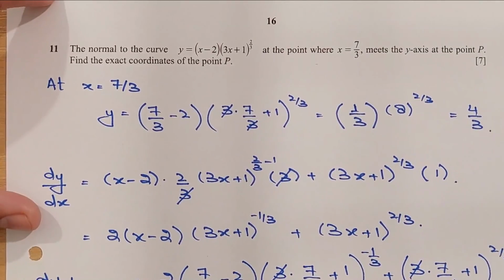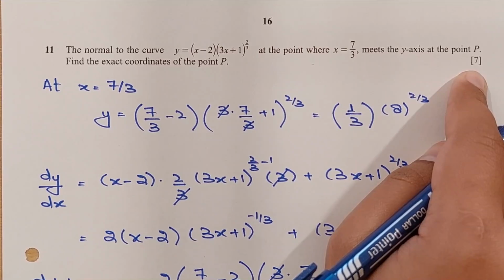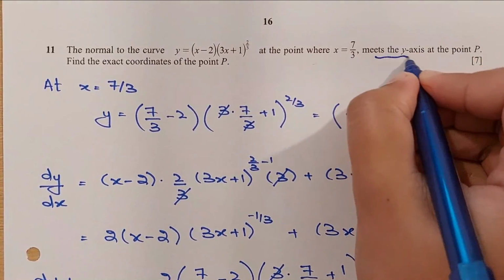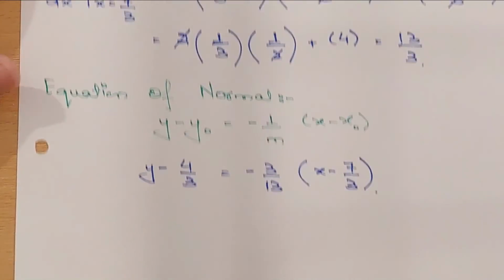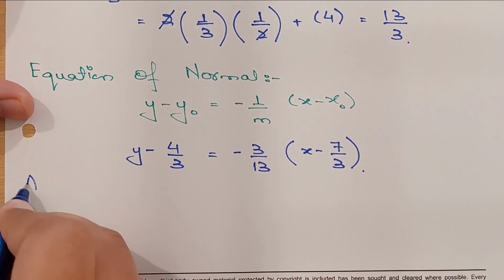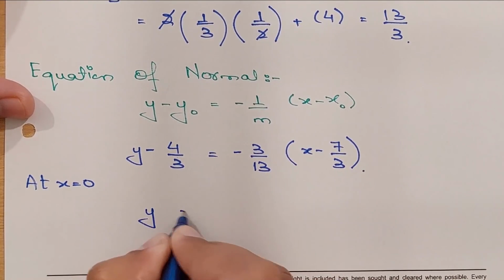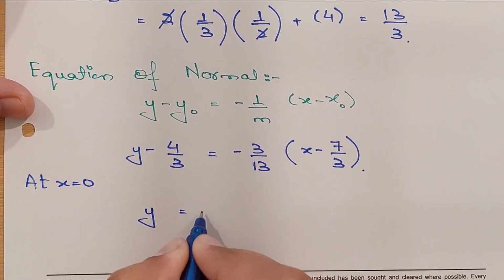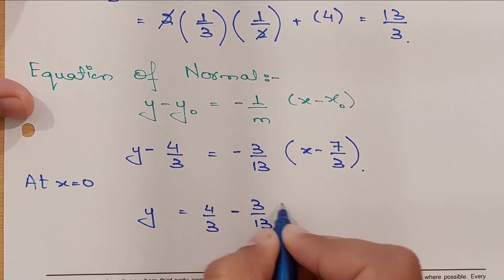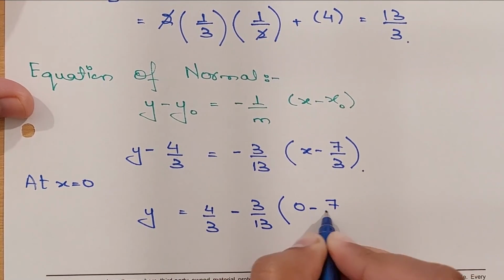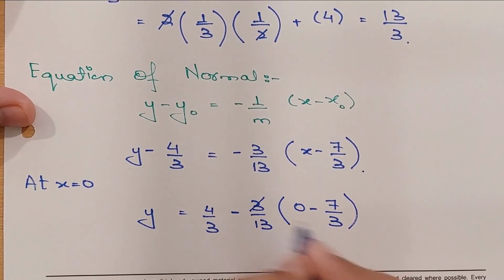This question says the normal meets the y-axis at point P. If it meets the y-axis, it means the x coordinate equals 0. So when x equals 0, we can find y. y equals, shifting this term over, 4/3 minus 3/13 times (0 minus 7/3). This is just 7/3, so we can cancel 3 with 3.